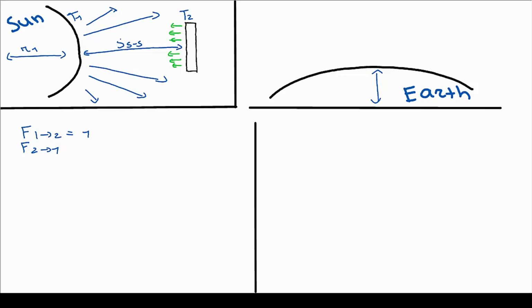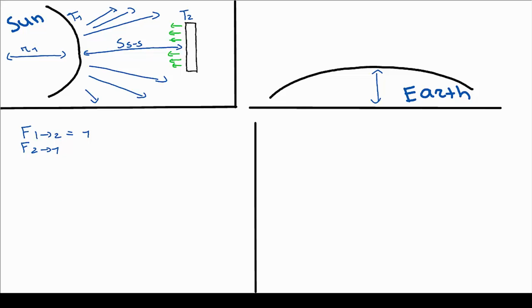And also, since the radiation from the satellite is so much lower than the Sun, it actually does not really have a big influence on the temperature of the Sun. But the radiation that reaches the satellite from the Sun is of course way smaller because it's going in all sort of directions.